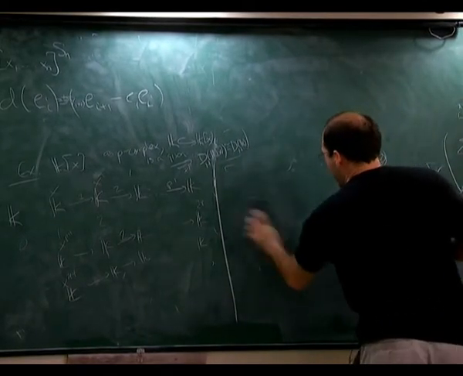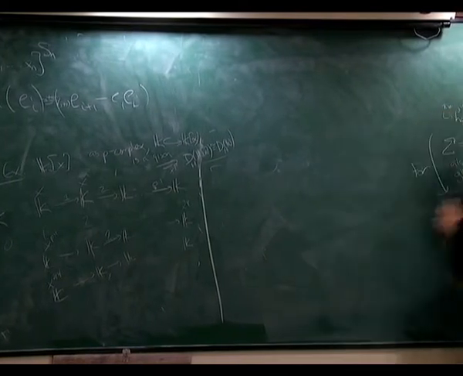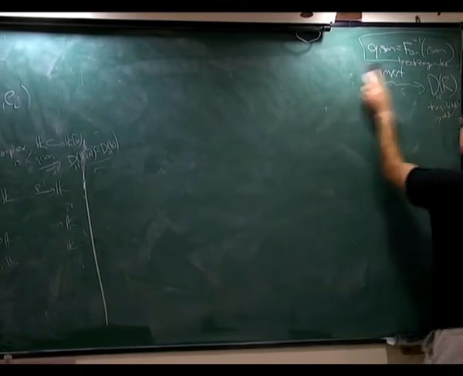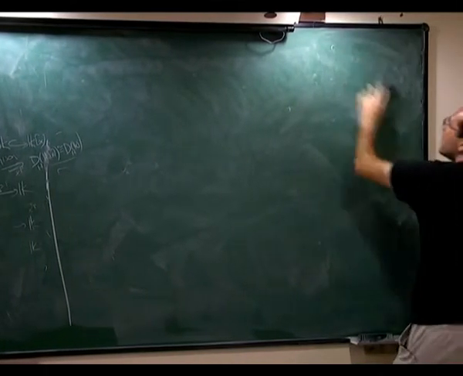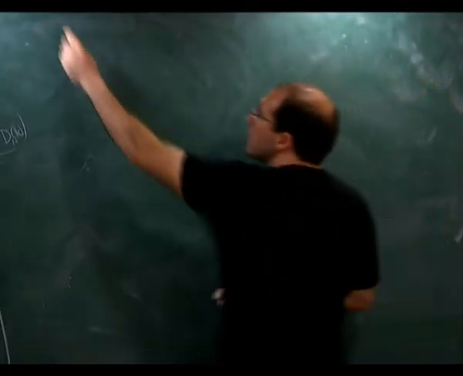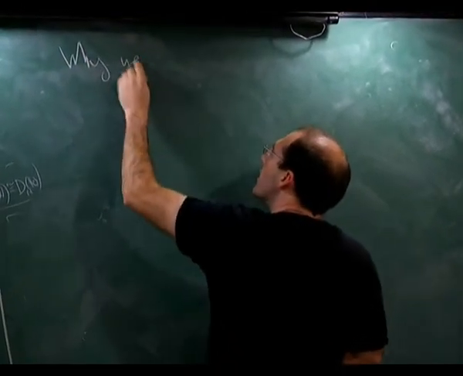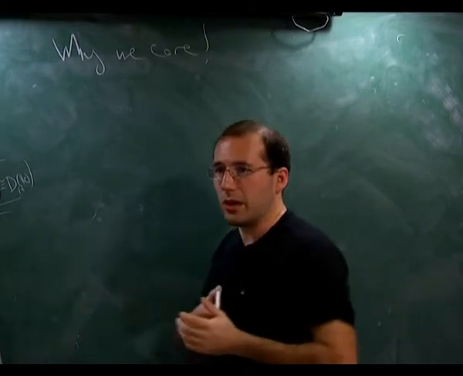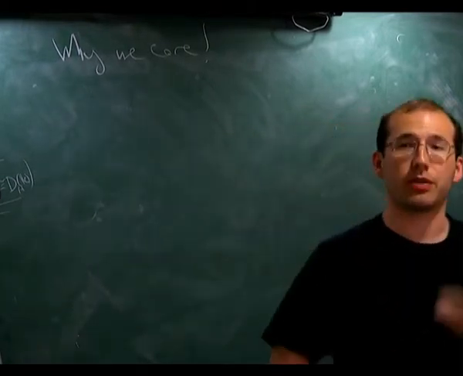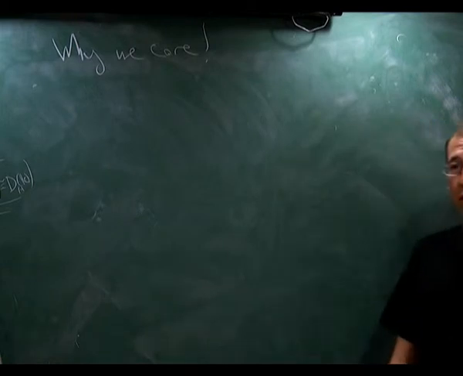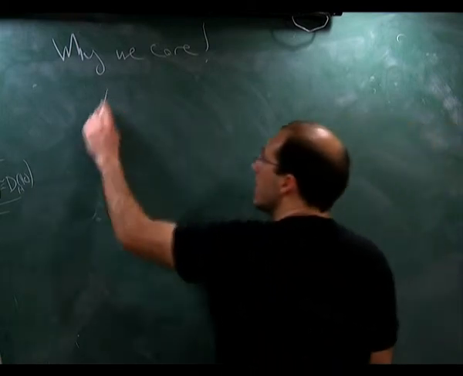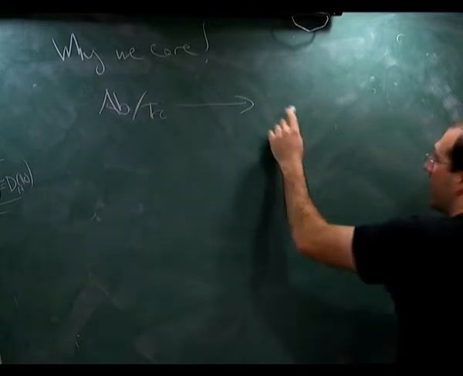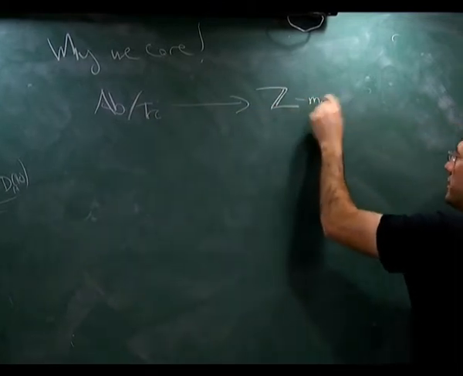Now I kind of want to say why we care about this. Given an abelian category or a triangulated category, you can take something called the Grothendieck group. So to an abelian or triangulated category, you get a Z module.